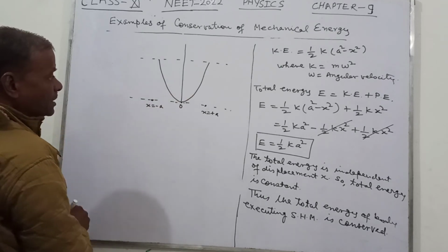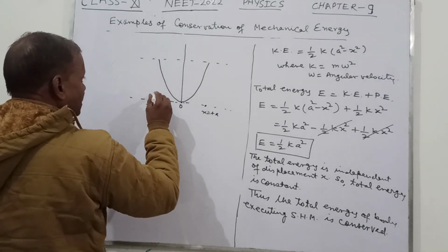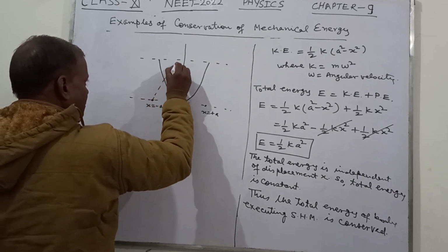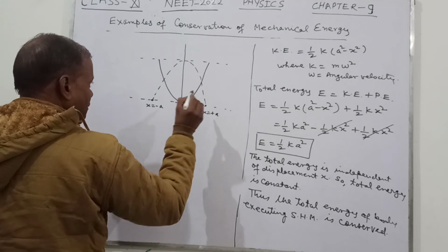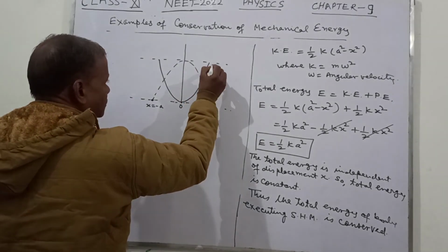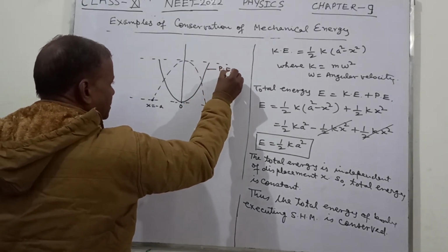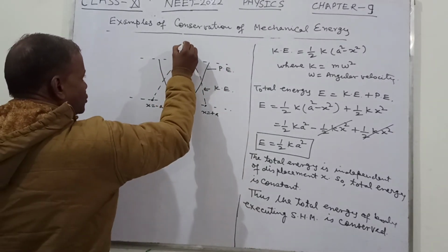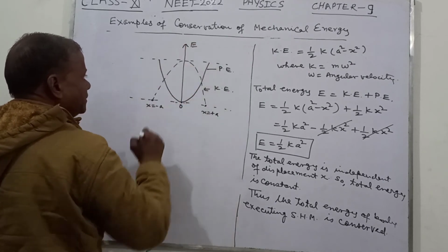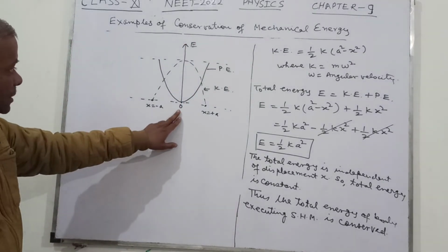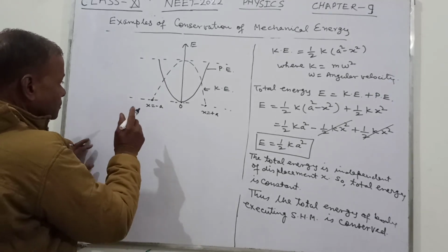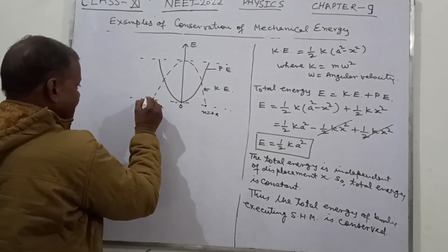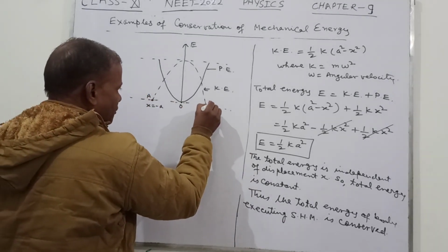This shows the potential energy of the particle, and at the same time this is for kinetic energy. This shows you the total energy E. When we go from O to this point, point A, and this is point B.